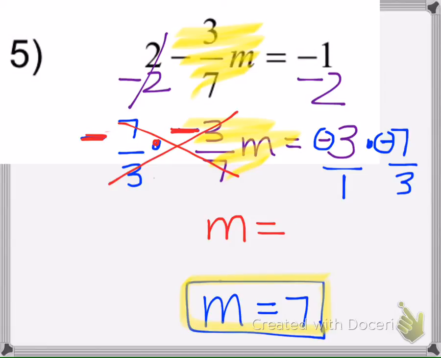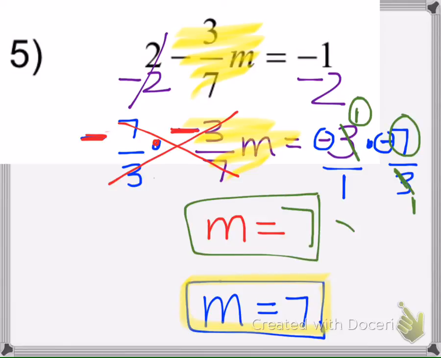And then this 3 goes into 3 once, 3 goes into 3 once, and we're left with 1 times 7. So we get the same answer by leaving the fraction there. So it's up to you which way you want to do it. Just make sure if you clear the denominator that you multiply all the terms in the equation by that common denominator.